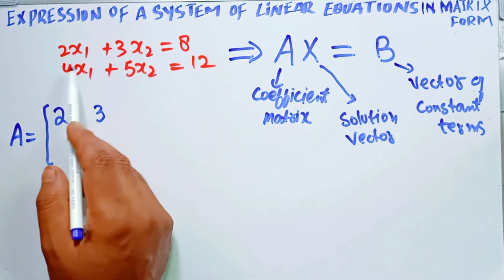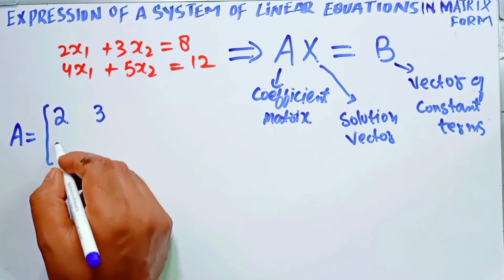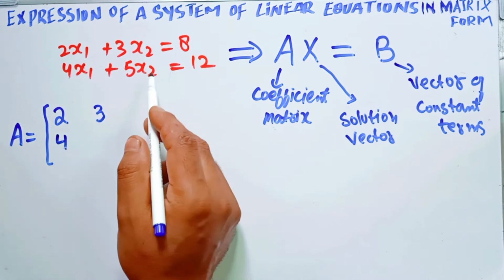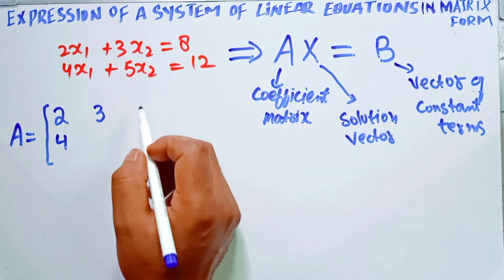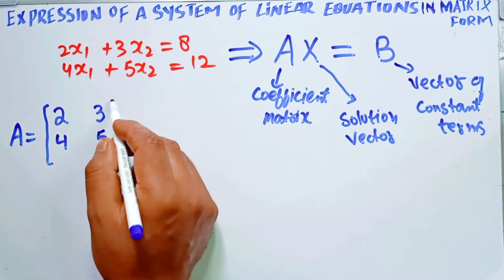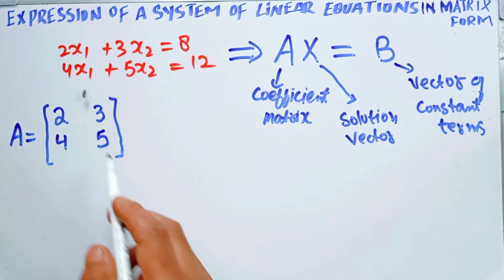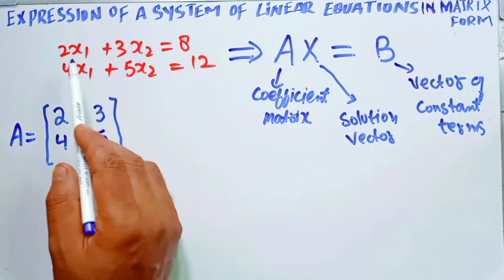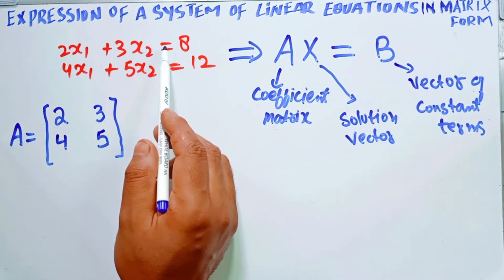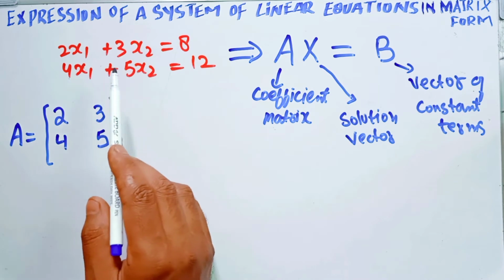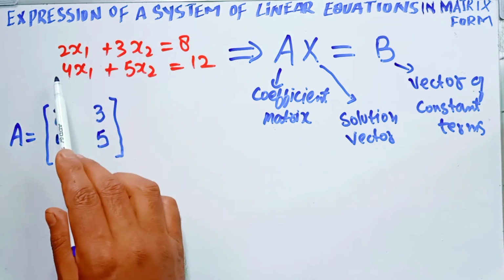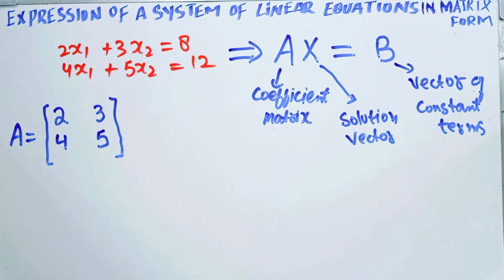In the second equation the coefficient of x1 is 4, so I will write 4 here, and the coefficient of x2 is 5. So this A gives us the coefficient matrix, where the first row holds the coefficients of the first linear equation, and the second row holds the coefficients of the second linear equation.